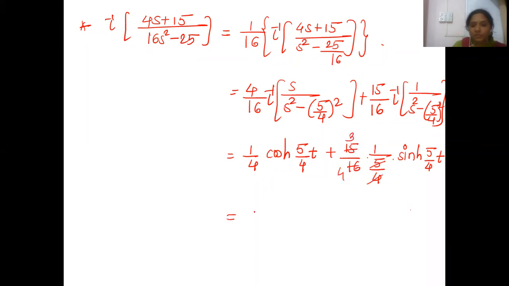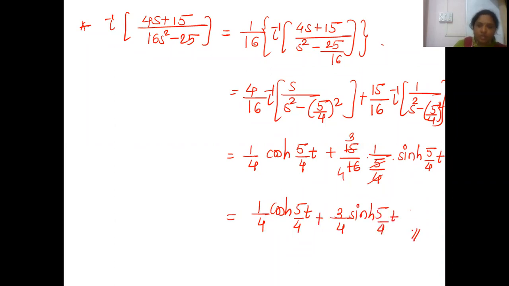That is 1 by 4 cos hyperbolic 5 by 4t plus 3 by 4 sine hyperbolic 5 by 4t as your answer.